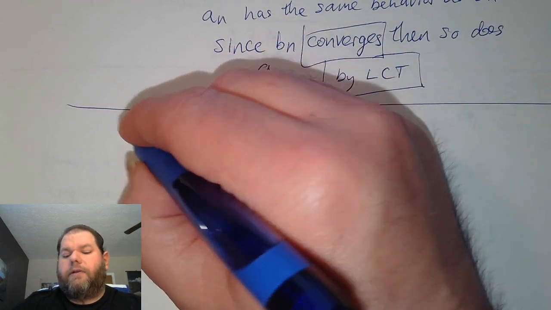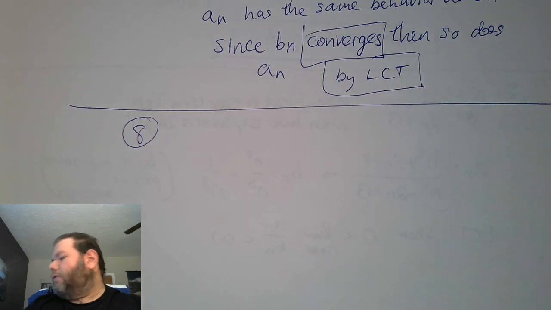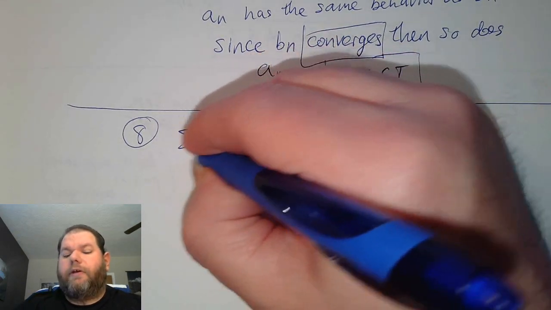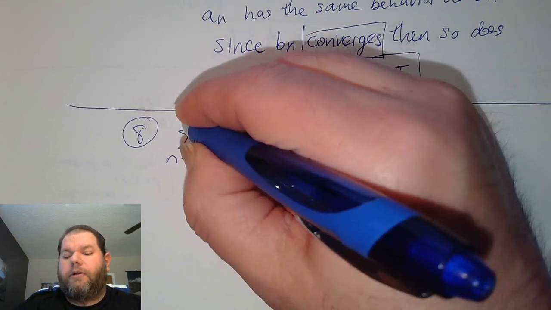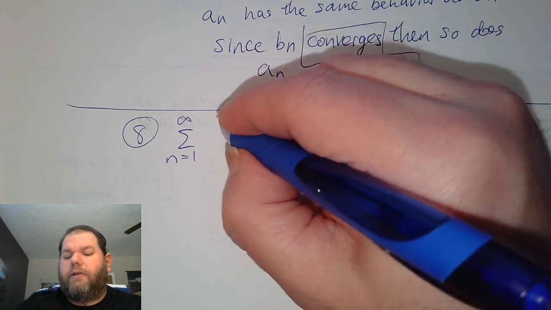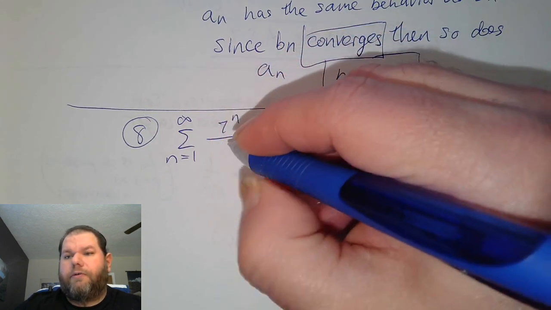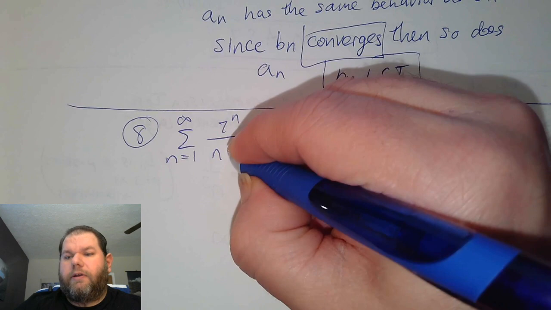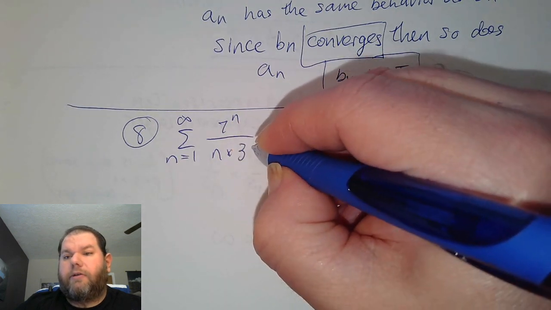Okay, number 8: the sum n equals 1 to infinity of 7 to the n over n times 3 to the 2n.